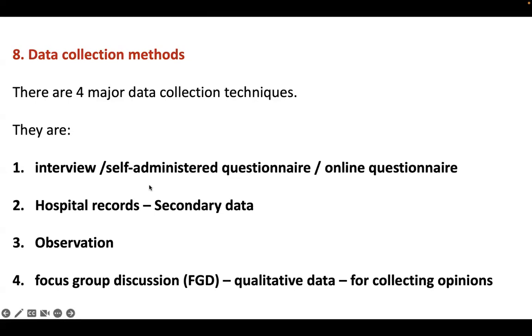Thanks. Then hospital records will be secondary data, and observation is mainly coming under qualitative research. Qualitative research means we are looking for the quality of a procedure or quality of a service, right? So we are looking for the observation using some checklist.